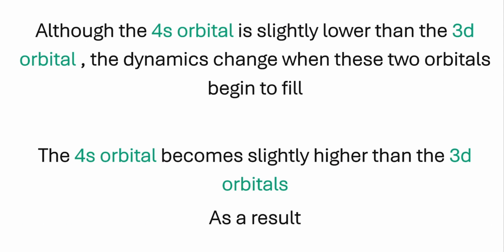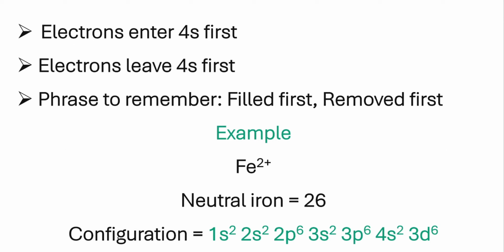But something happens in this situation. 4s orbital becomes slightly higher in energy than 3d orbital during electron filling, and thus, going by the rule, electrons will be lost first from the orbital with the highest energy. So the narrative changes as 4s orbital is now slightly higher, so electrons will be removed first from the 4s orbital. In all, memorize this phrase: if it is filled first, it is removed first. Hence, we remove electrons from the 4s orbital before removing from the 3d orbital.